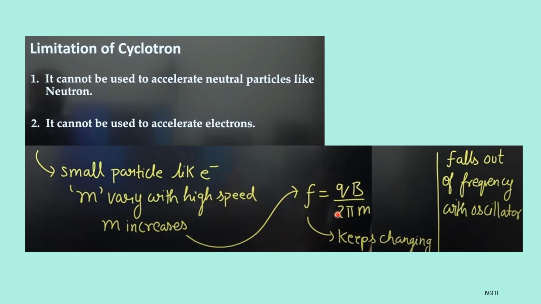Then you know in the cyclotron you have a high frequency oscillator. That oscillator's frequency is fixed, while the electron continuously goes on changing its frequency. Then both frequencies will not match. Then you can't accelerate the electron because it falls out of frequency with the oscillator. Therefore, because of this condition, you can't use a cyclotron to accelerate electrons.